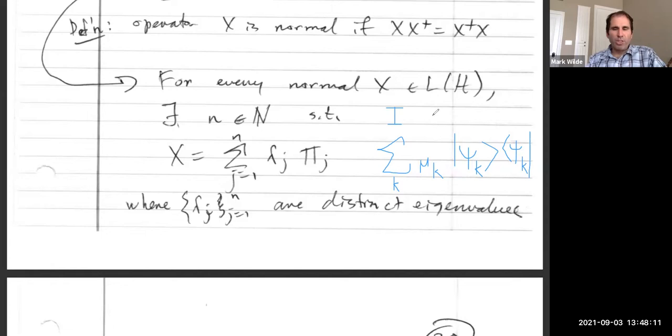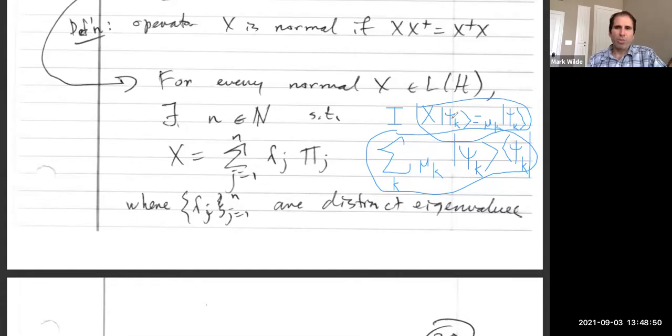And then, using this decomposition, you can see that X acting on psi k gives mu k psi k. The other thing I forgot to say is that these eigenvectors will be orthonormal, and then that's how you see that this relation is true, and it's actually identical to this decomposition.